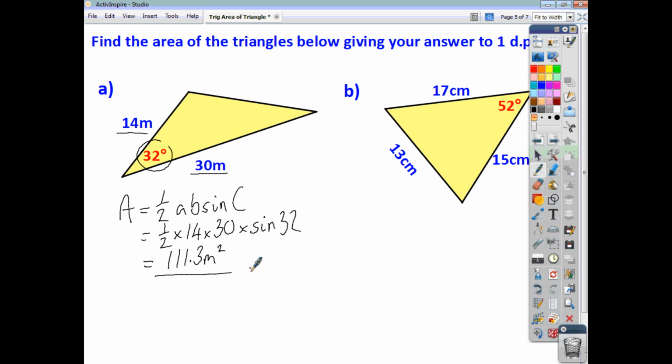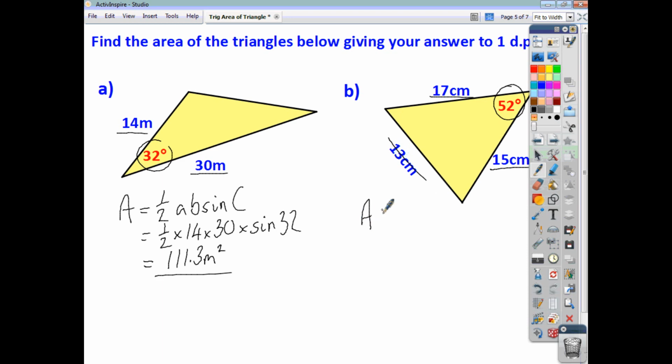Now for the second one here, we've got too much information. So you want to select what is going to help you find the area. You've got your angle, so you want the two sides, either side, so you've got your angle sandwich. This is irrelevant for what we are looking to do.